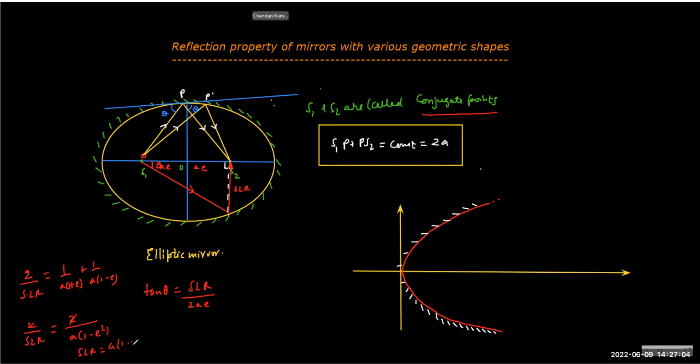A(1 minus E squared), right? Yeah, you can get the tan theta also. That's a very nice answer: (1 minus E squared) by 2. That's nice.